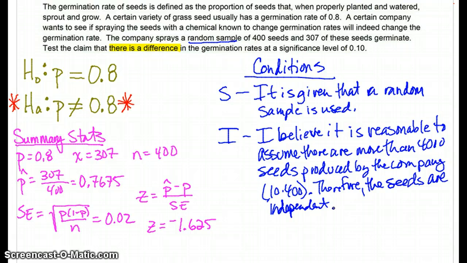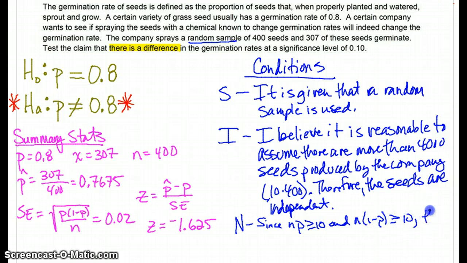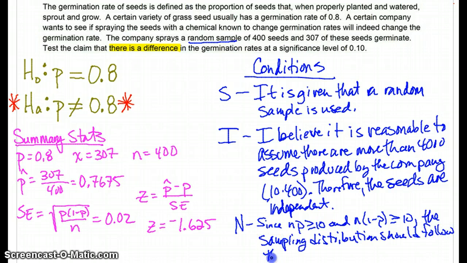For N, normality, can we say that since N times P is greater than or equal to 10 and N times 1 minus P is greater than or equal to 10, the sampling distribution should follow the normal model.